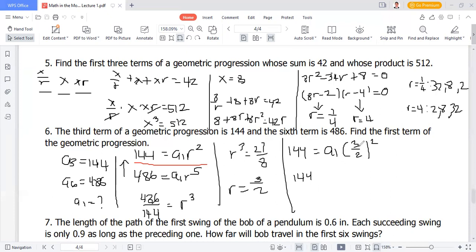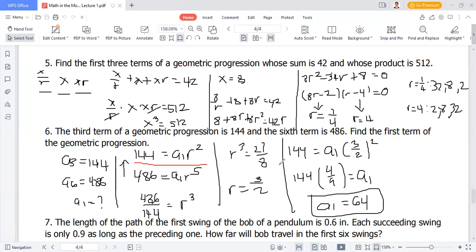Ito ay 9/4. Okay? 3 squared is 9. 2 squared is 4. So multiply lang natin, magiging 4/9. So yan yung magiging a sub 1 natin. Okay? Kasi 9/4 to. So yung 4 napunta dito sa numerator, yung 9 sa denominator. And then, simplify lang to. So a sub 1 will be 64. So try nyo lang i-simplify to. Okay?